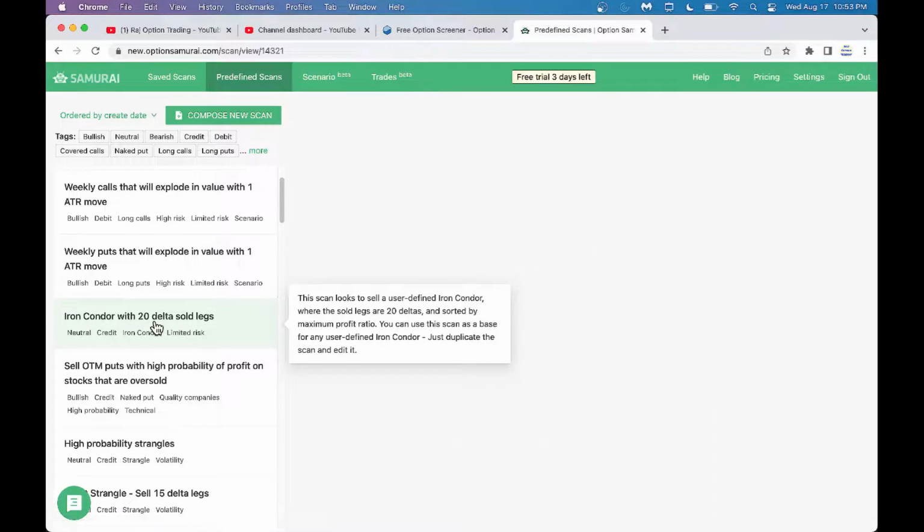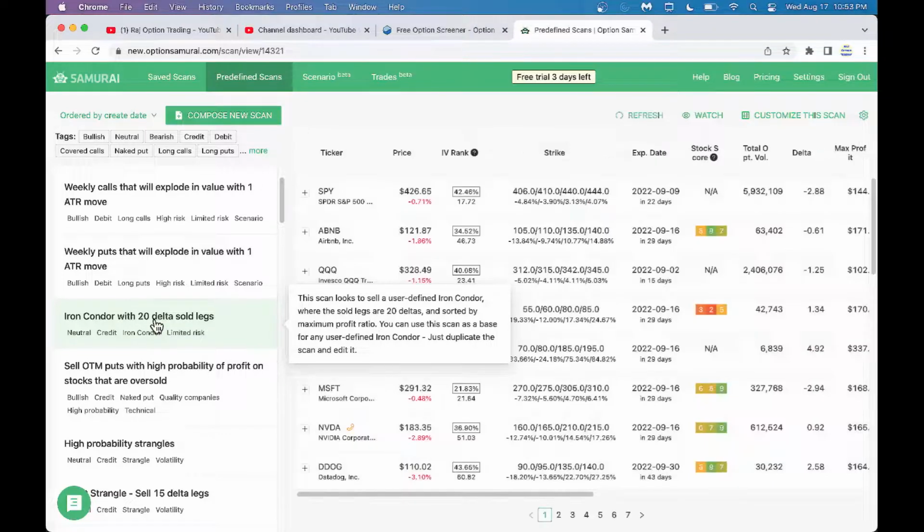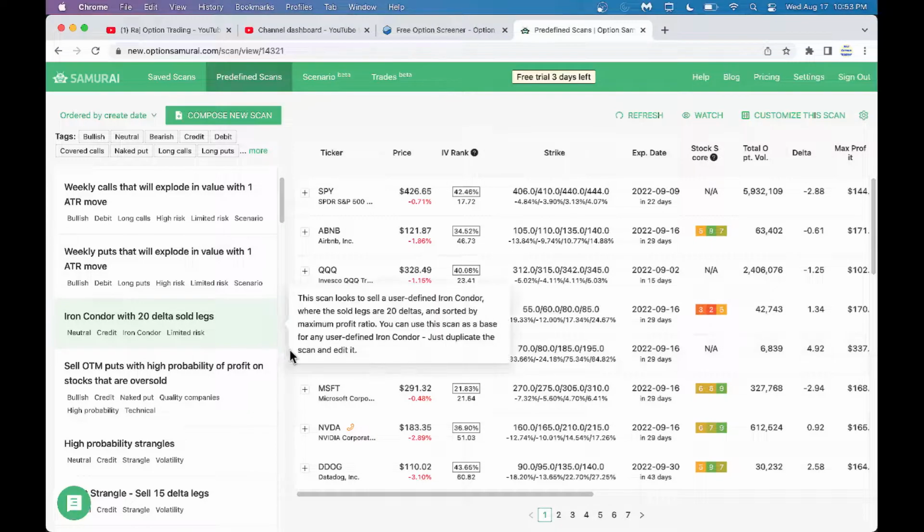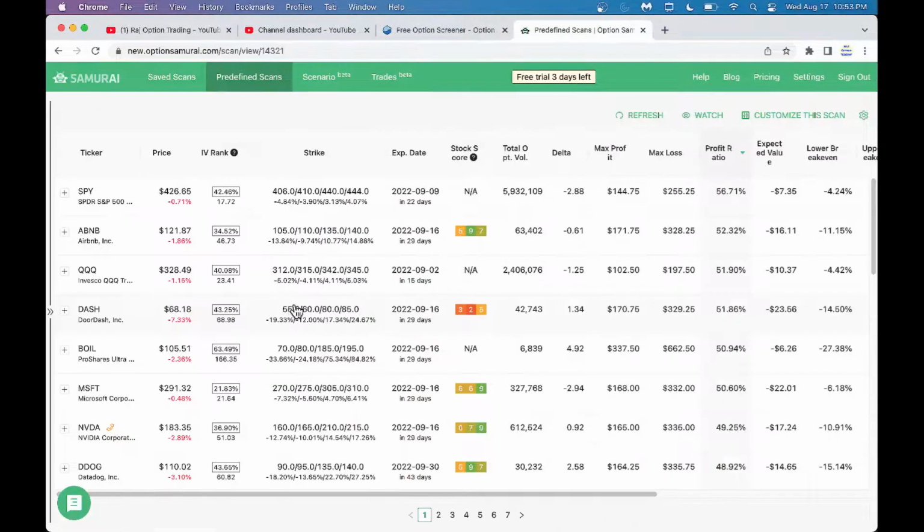As you look through here, if you click on this iron condor, look, we got a nice looking window here, and you could collapse this whole left hand side and look at where you can make money. You could sell a SPY iron condor. As you can see here, we got a $4 wide leg here, and also a $4 wide leg on the other side.